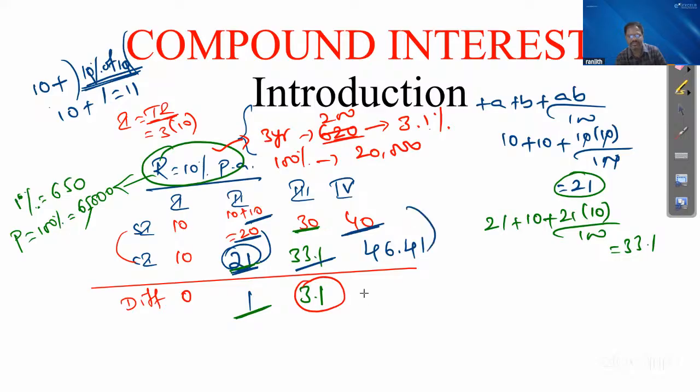Now the difference will be equal to 6.41. We need to remember these values. SI: 10, 20, 30, 40. In CI: 10, 21, 33.1, 46.41. Right?